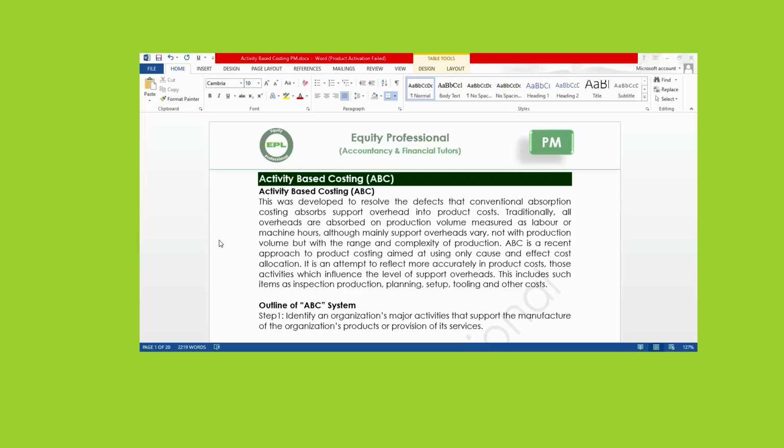Indirect costs include indirect material costs, indirect labor costs, and indirect expenses.